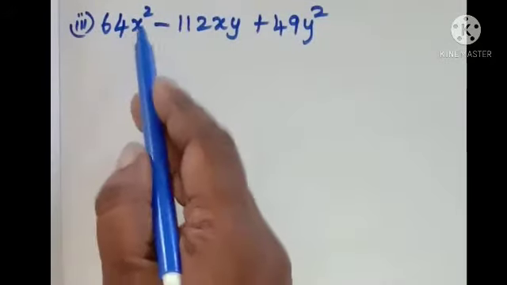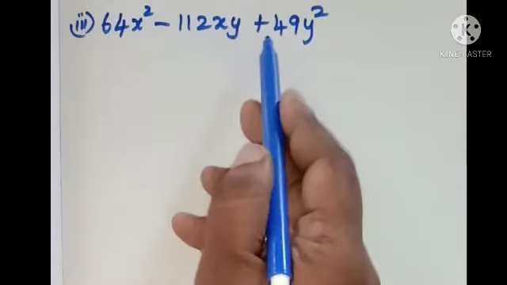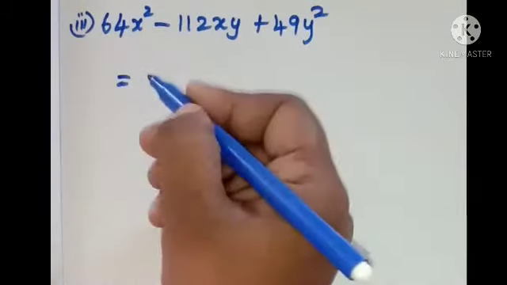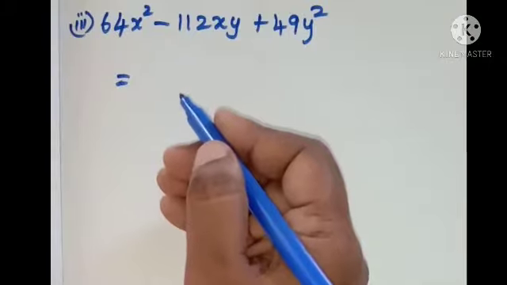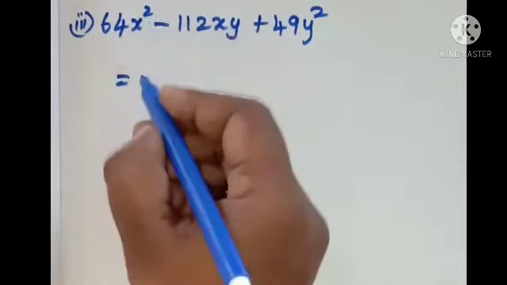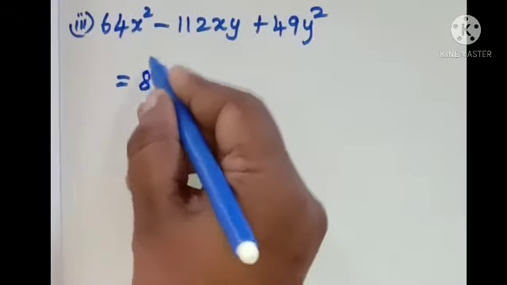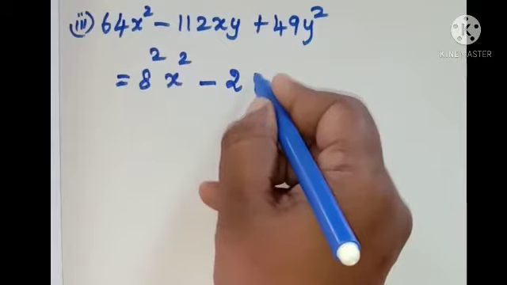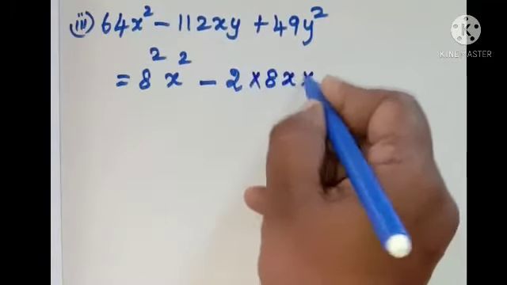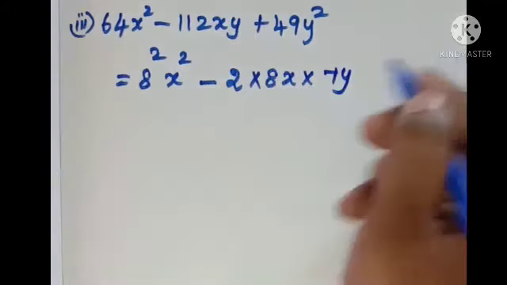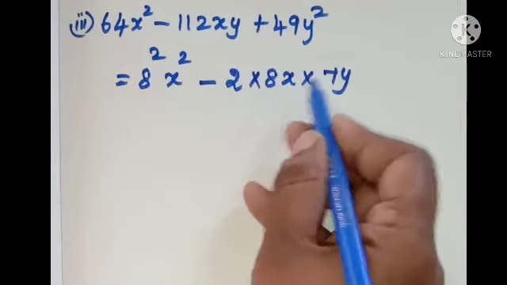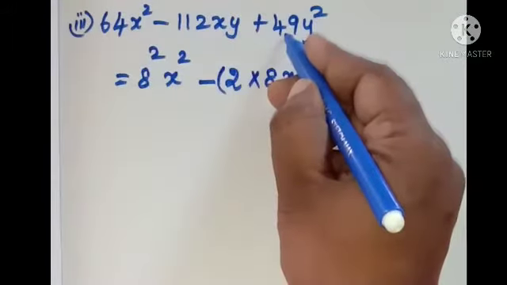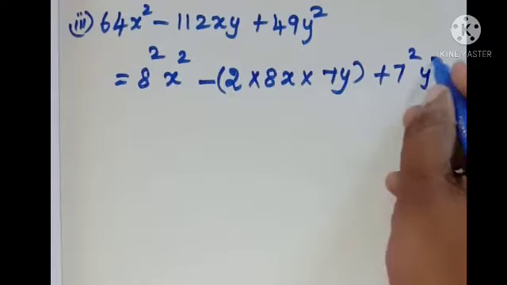Now children, 64x square minus 112xy plus 49y square. So listen carefully. To find the identity, we can write 64x square as 8 square x square, minus 2 into 8x into 7y. 2 8s are 16, 16 7s are 112, and plus 7 square is 49, 7 square y square.